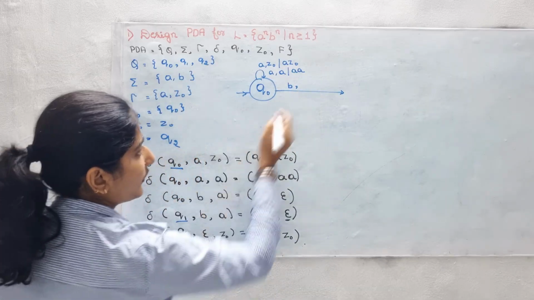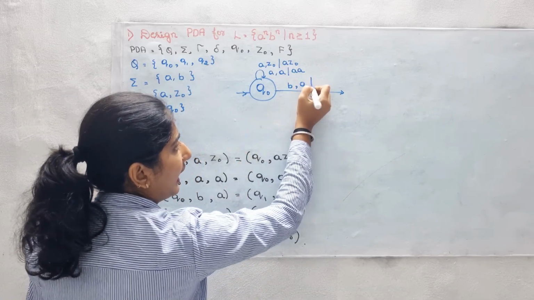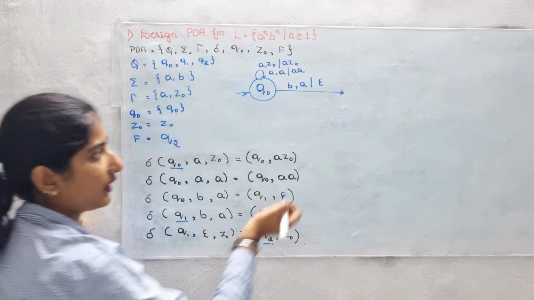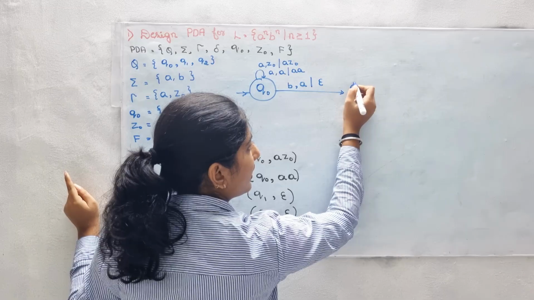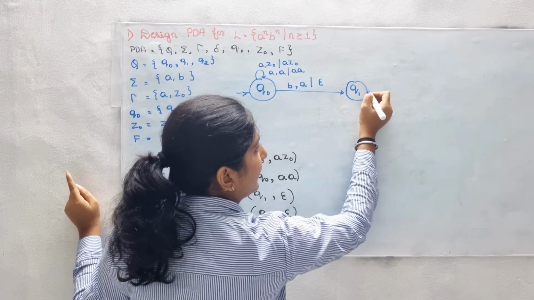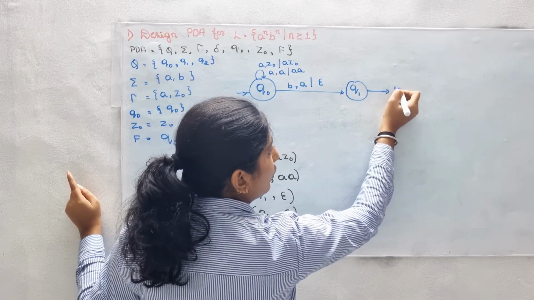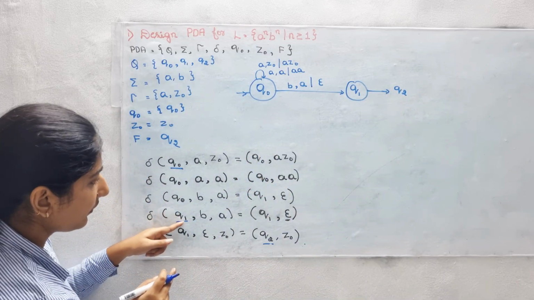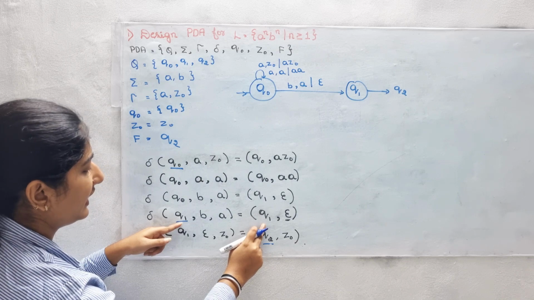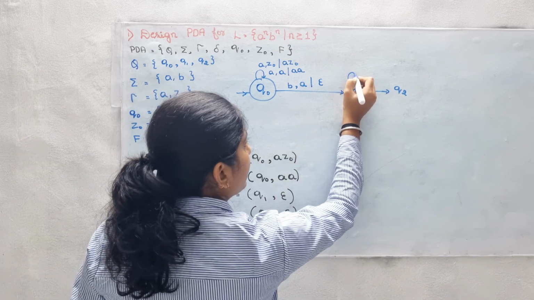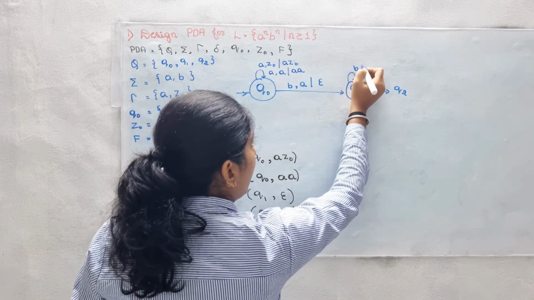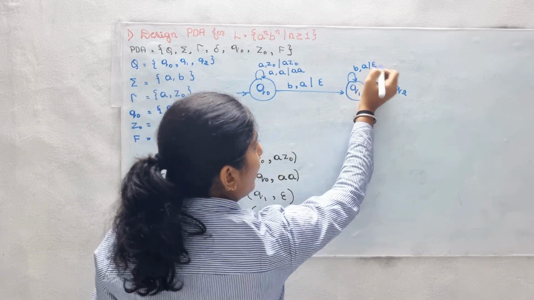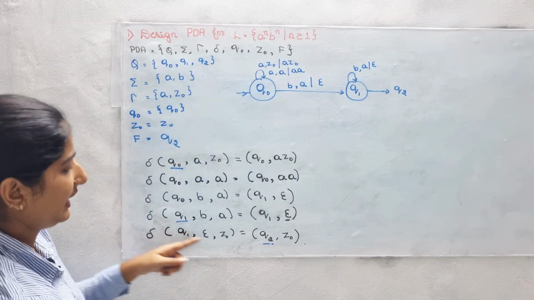Then Q0 will move to the next state on B and top of stack A, and it will have this epsilon, which means popping out. It will move to state Q1. Q1 will stay on Q1 only when on input symbol B and top of stack A, and it will pop the element.